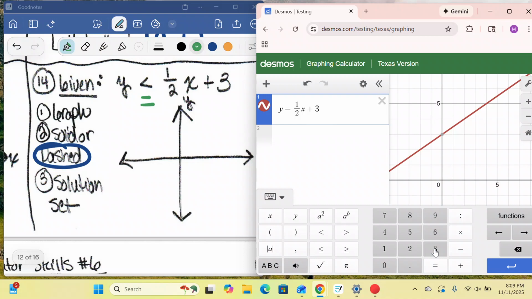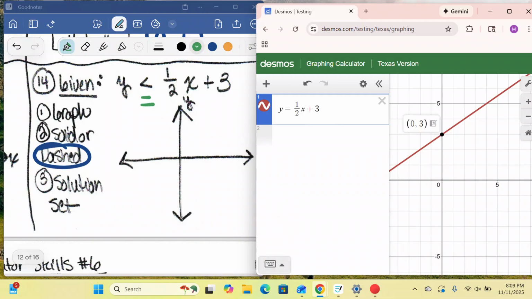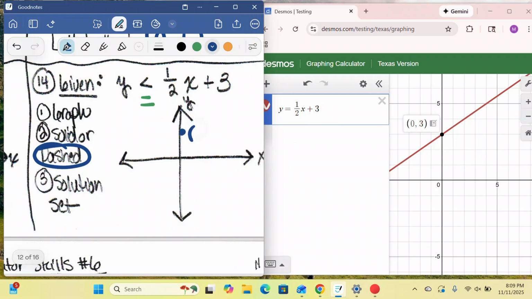And there's my line. The easiest point to graph is, of course, our y-intercept, which is 0, 3. So in blue, I'm going to graph it as 0, 3. On the test, you'll be able to put one point and then the graph of the line forms.